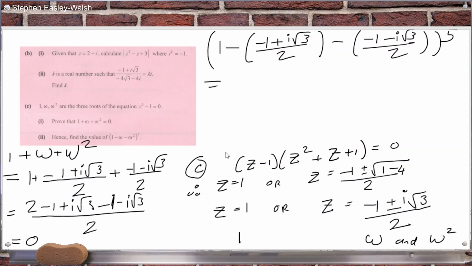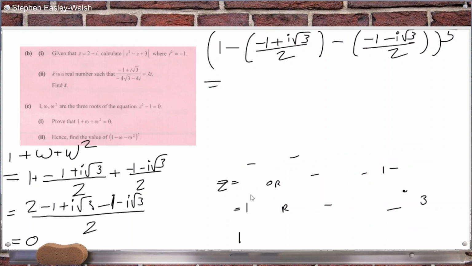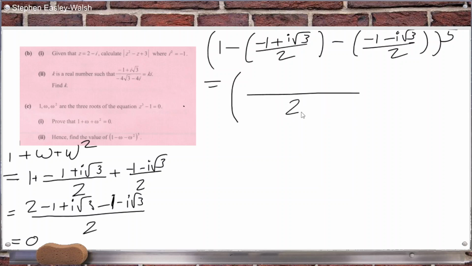Let's make a bit more space here. So inside the bracket here, what will happen, let's see. It'll be all over 2, and this will be 2 minus, so that'll be plus 1 minus i root 3 plus 1 plus i root 3, power 5.